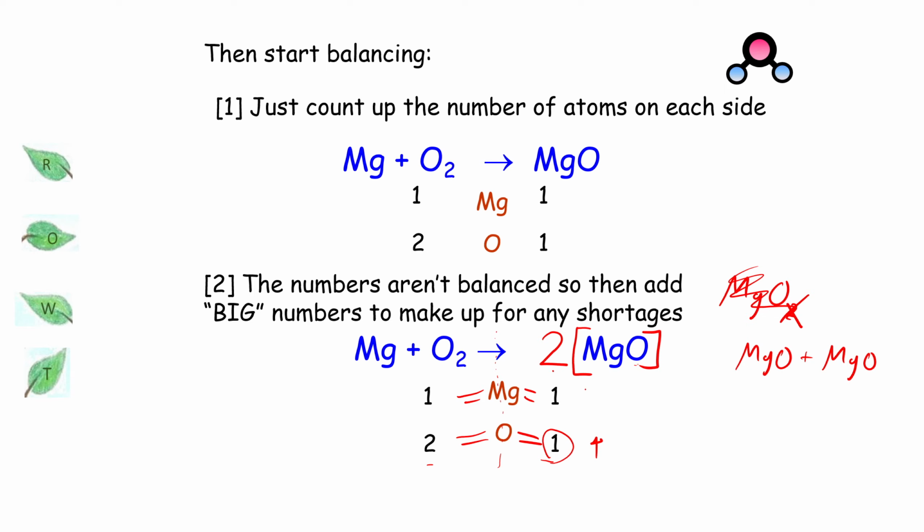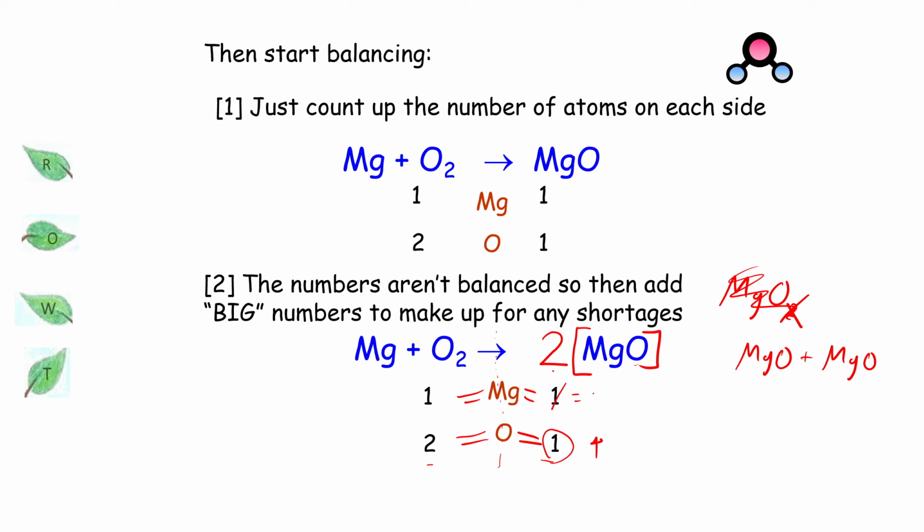So how many magnesiums do I have now? Well, let's recount. I've got 2 magnesiums. How many oxygens do I have? Well, now I've got 2 oxygens, okay? Because I've got 2 of these in total. Well, is that working? Well, the oxygens work, the oxygens are balanced. The magnesium is not.